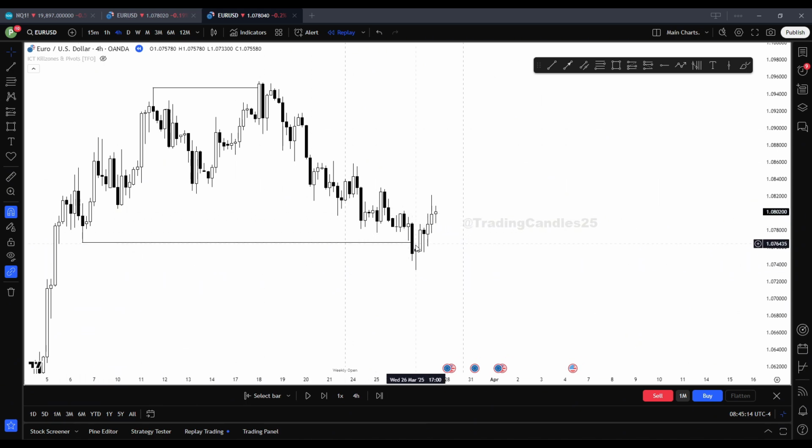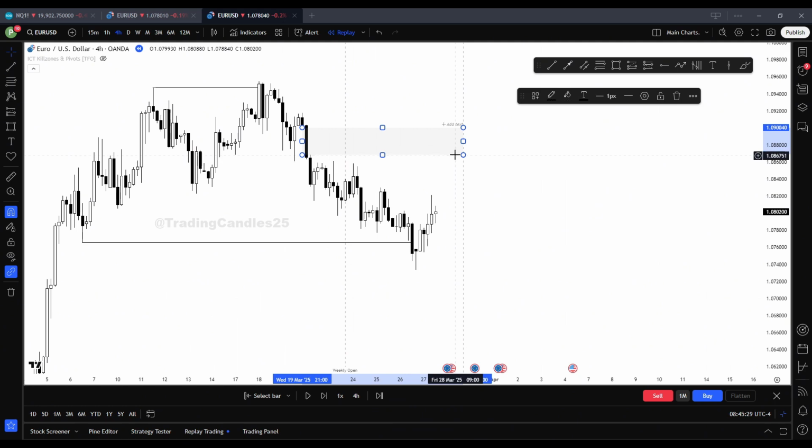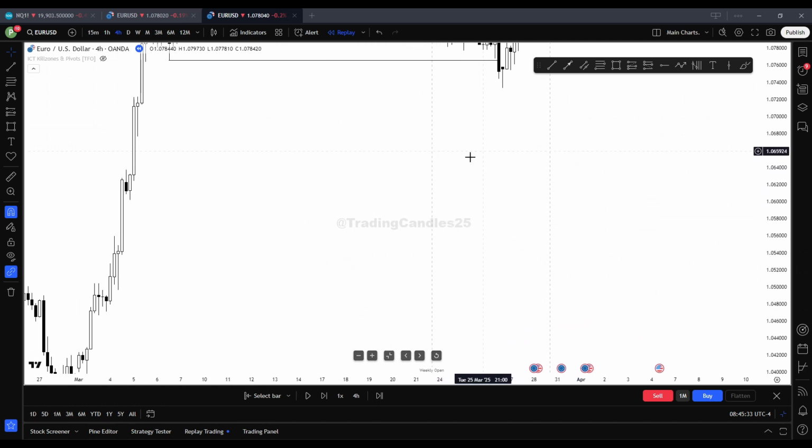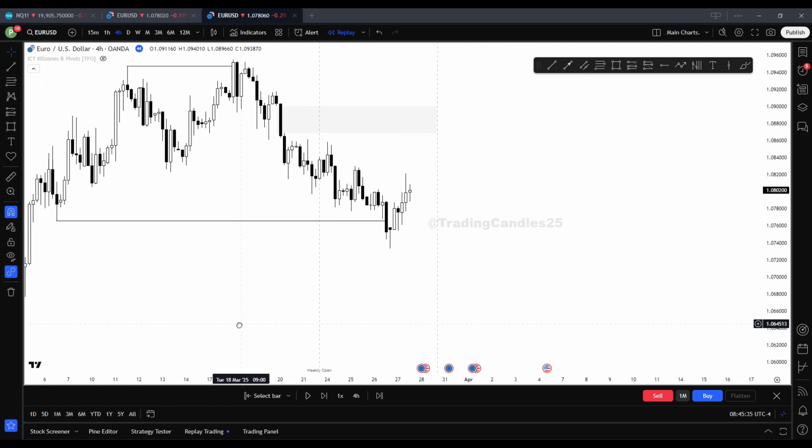And since we had taken out ERL, the next thing that I anticipated for price is to then push higher and retrace back higher to fill this internal range equity or this 4-hour fair value gap before it starts moving lower towards the higher time frame short term drawn liquidity, which is somewhere right around here.